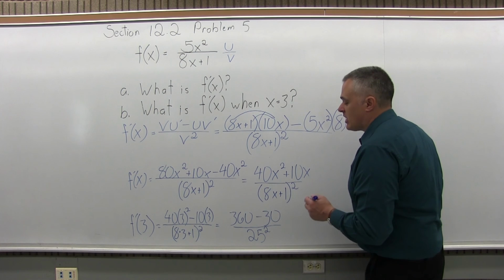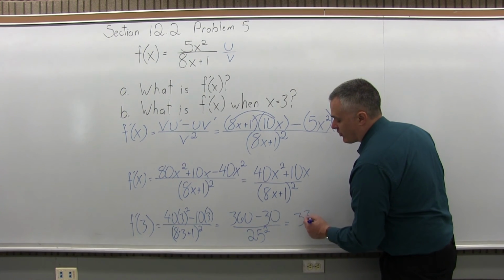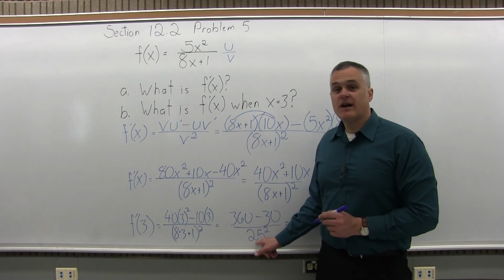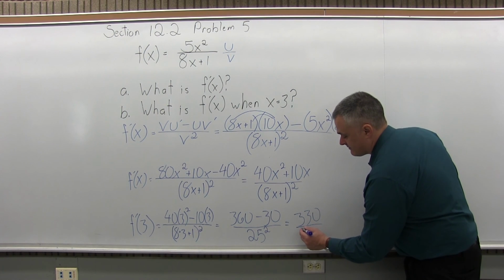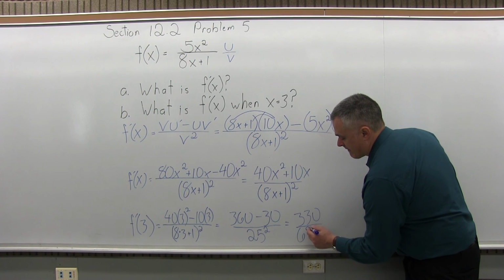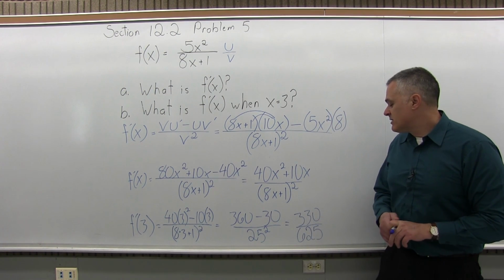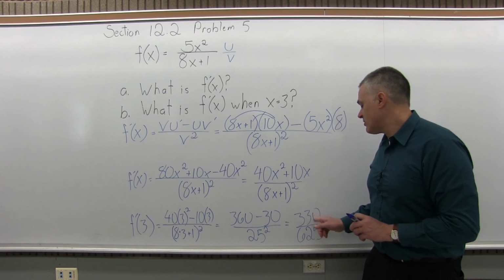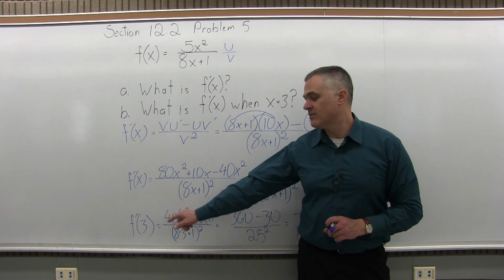So to simplify the top a little bit more, 360 plus 30 is 390. And then in the denominator, 25 to the second power, 25 times 25 is 625. And that's f prime of 3. You can reduce this a little bit if you want to. You can convert it into a decimal, but this is certainly far enough. 390 over 625. That's the value of f prime when x is 3.